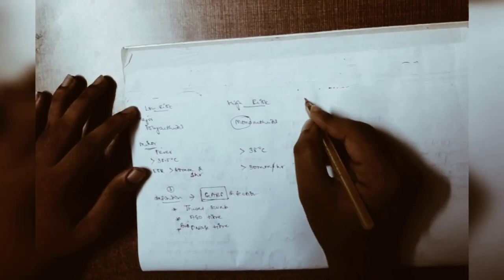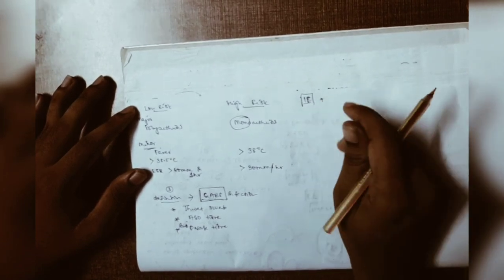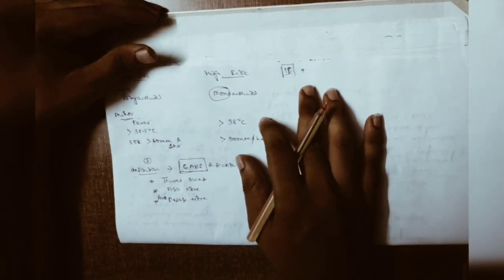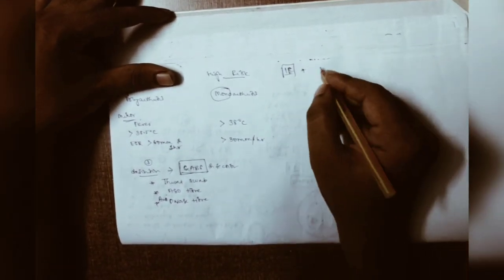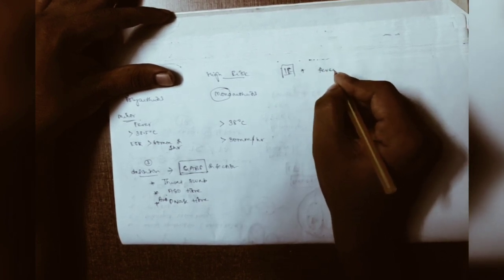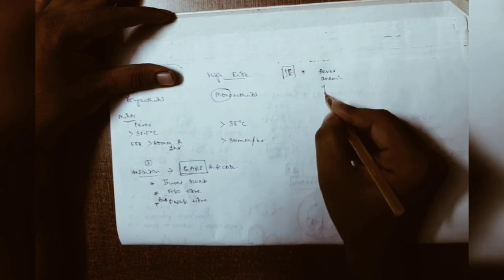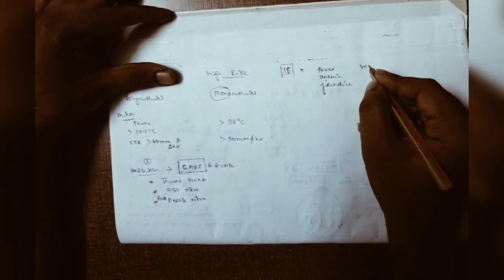Then markers of infective endocarditis. The next thing we should look for is markers of infective endocarditis. So how will infective endocarditis present? It presents with fever, anemia, jaundice, and a recent change in murmur.